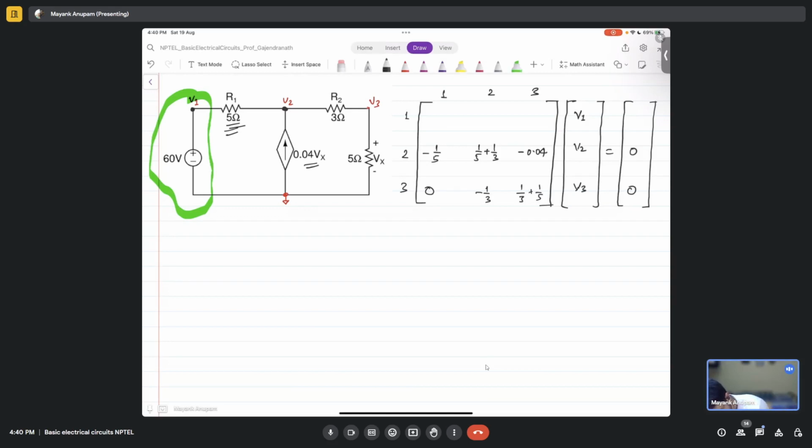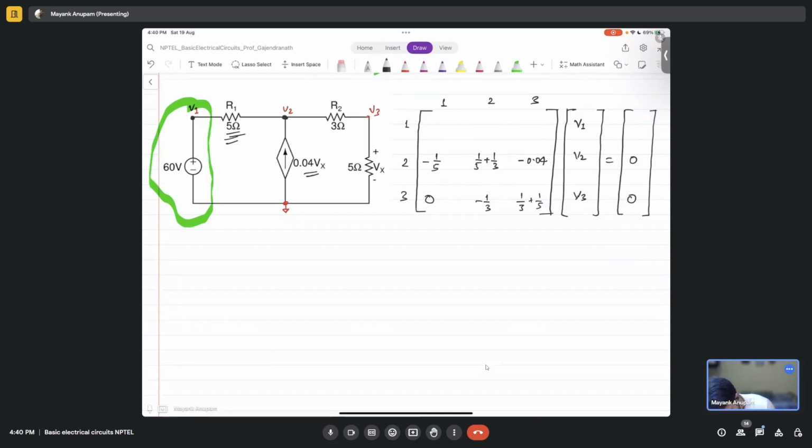So tell me, what will be the super node equation in that case? You call this a super node, right? This super node will be formed between which two nodes? This will be V1, right, and node 0, which is reference.